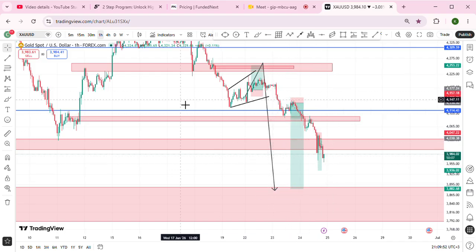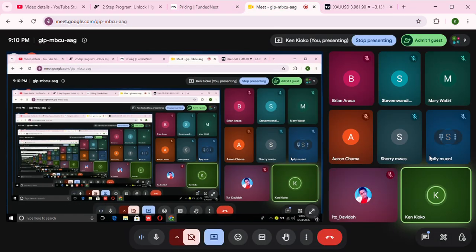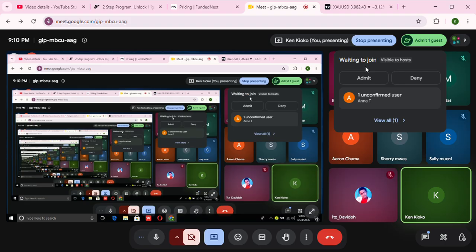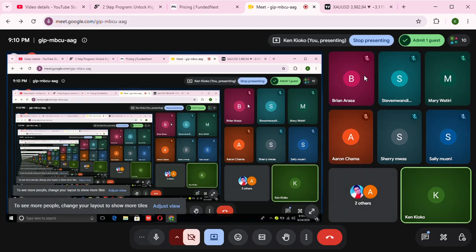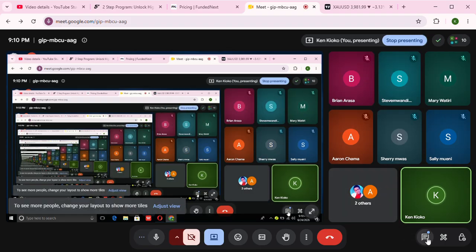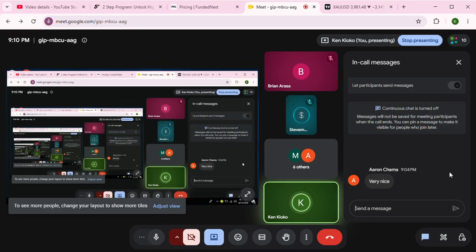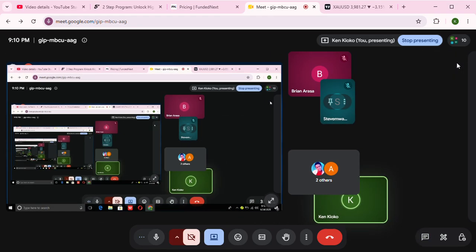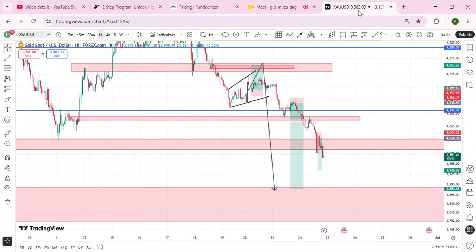Okay, so let's get into it. First, write down these pairs. These are the pairs I would like you to be using for analysis and so on. Number one, it's GBP USD.